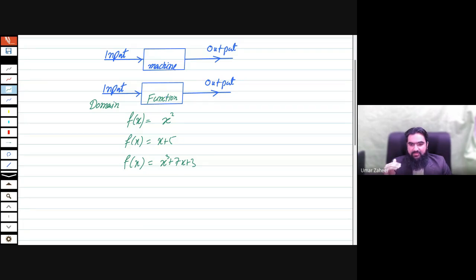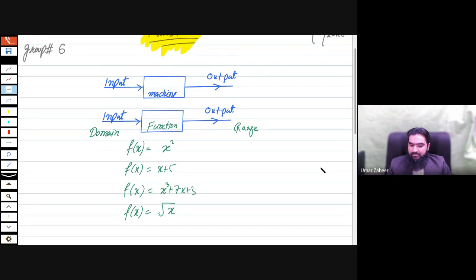The values that we can substitute into the function are known as the domain of the function. For example, f of x is equal to square root of x is also a function. The function processes the input accordingly and gives you the output, which is known as the range.